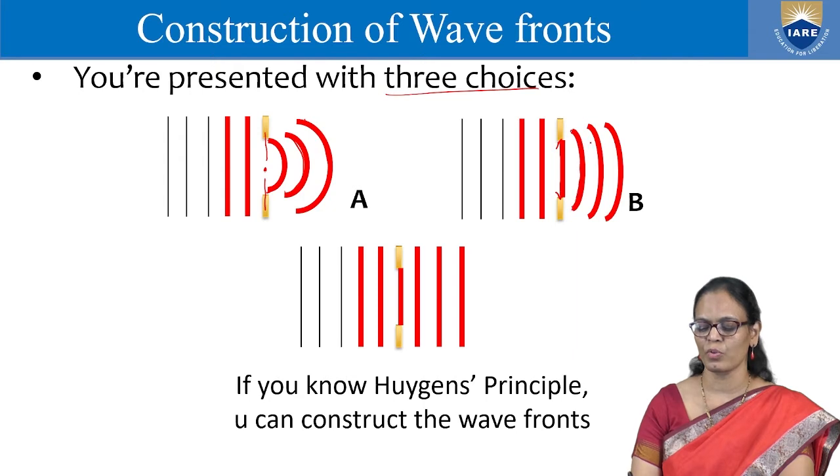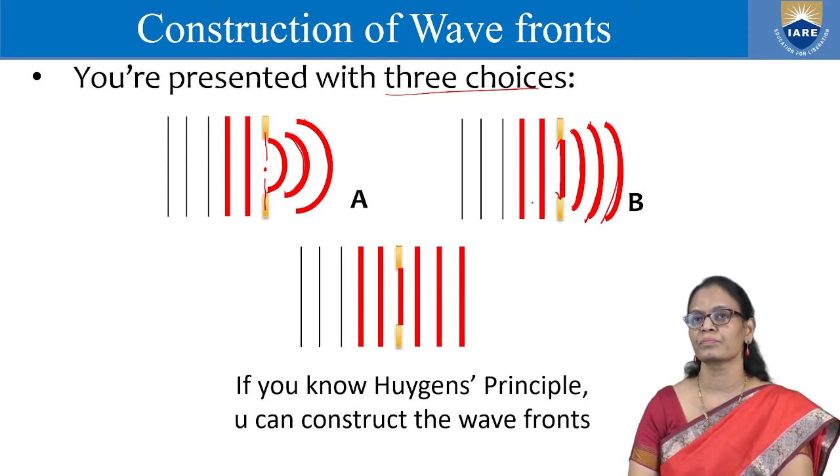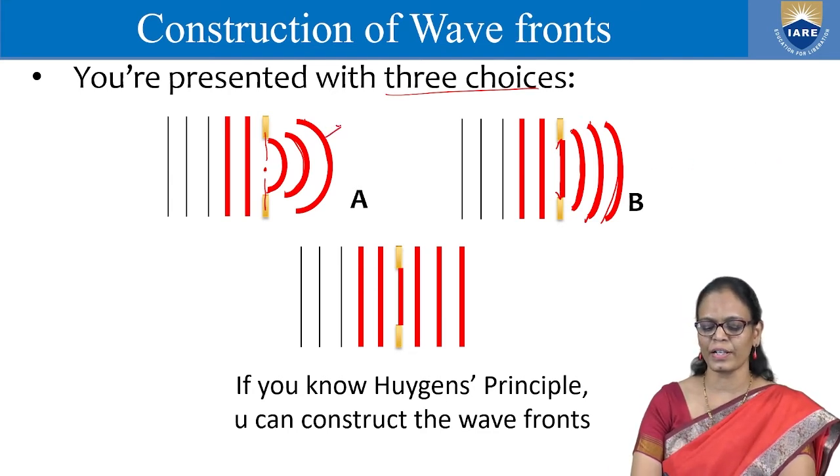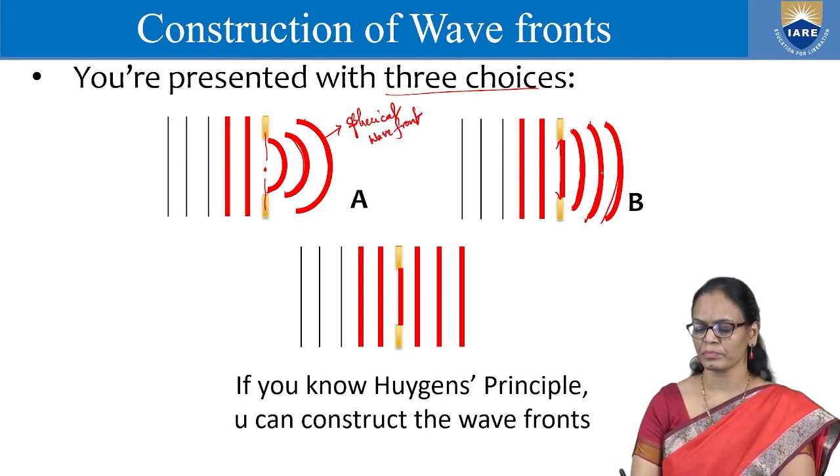You will have wavefronts like this, slightly cylindrical in shape. So the wave propagates in this fashion. Here we are calling it spherical. This is a spherical wavefront. This is a cylindrical one.